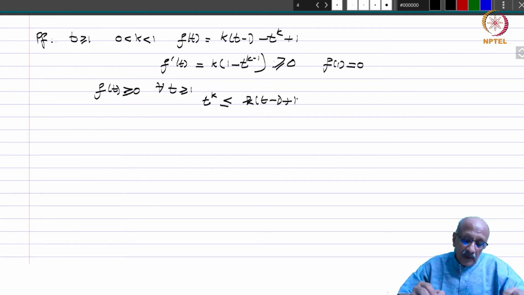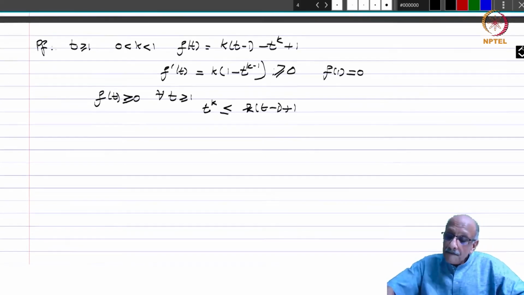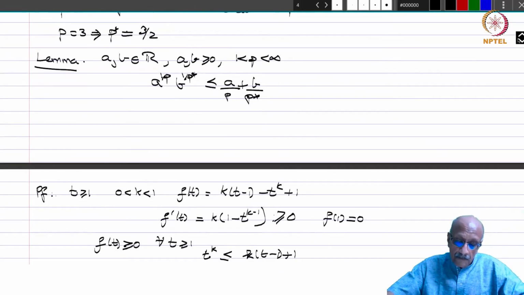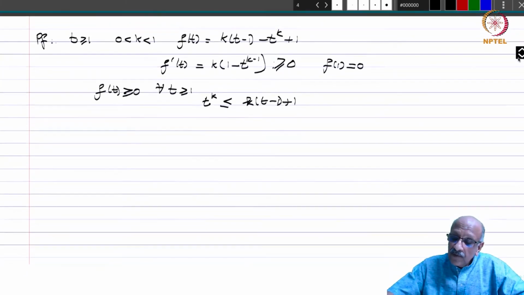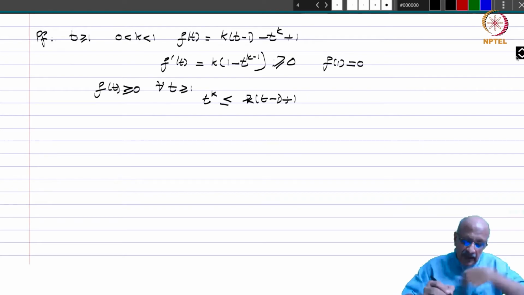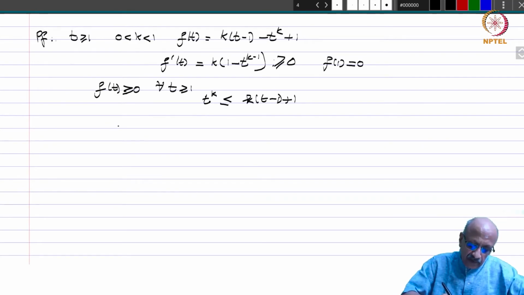Now, if you look at the inequality which we wanted to prove, if a or b is 0, then there is nothing to prove. This inequality is already okay, and therefore we can assume that a and b are strictly positive. In particular, let me assume that a is bigger than or equal to b, strictly bigger than 0.